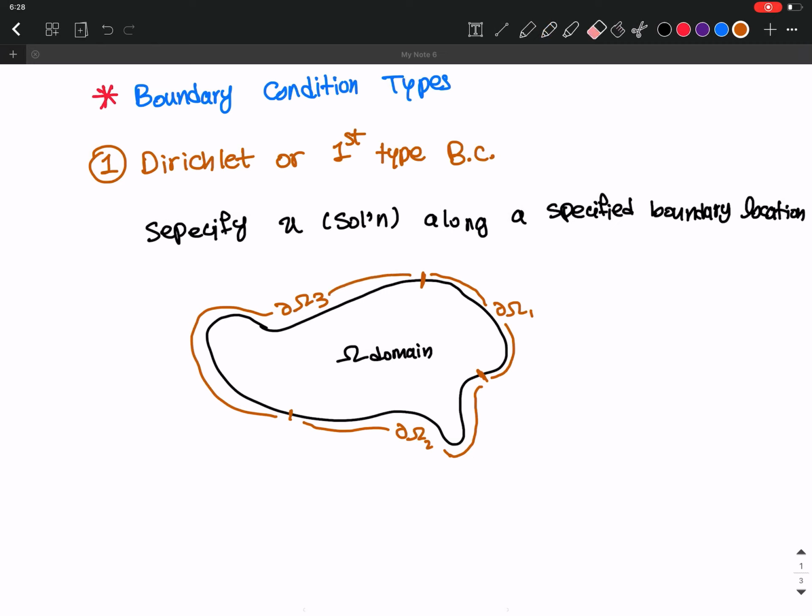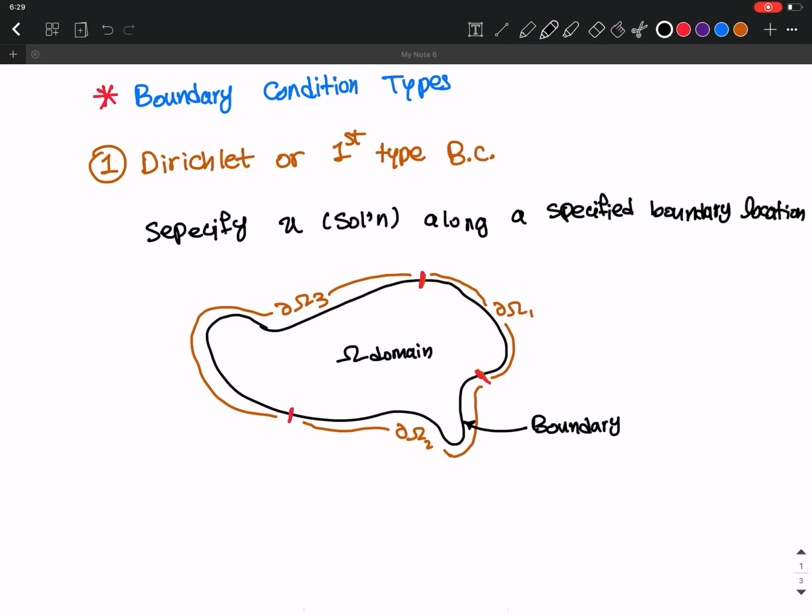Okay, so let's say here you have gamma 1, gamma 1, gamma 2, and gamma 3. This is the boundary, and you have to specify the boundary condition over this.